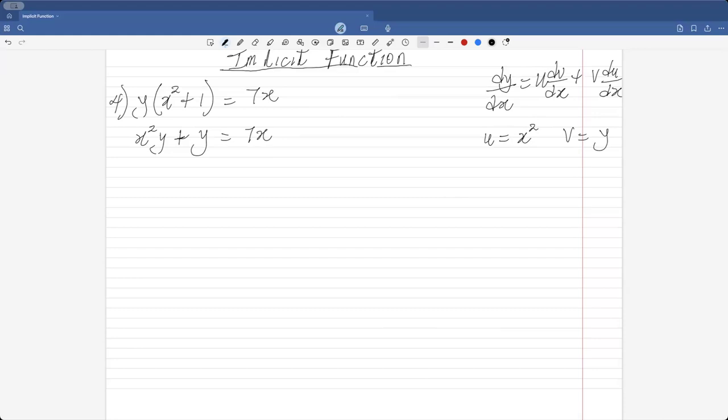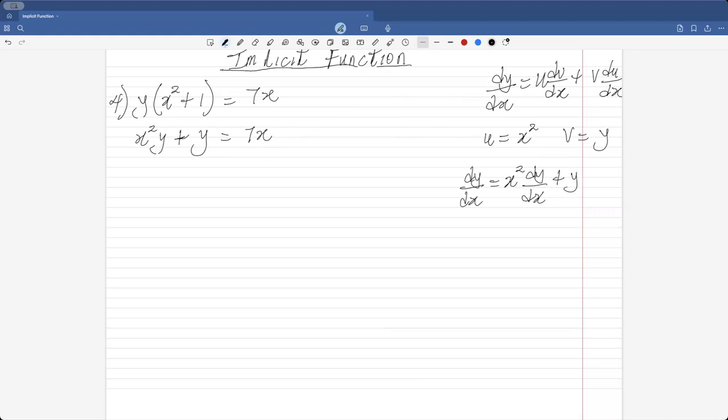So at this point in time, our u is x squared. So dv/dx at this point is our dy/dx. So dv/dx, which is the same as the differentiation of y, is dy/dx, plus v is y.